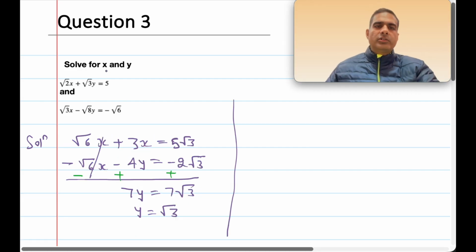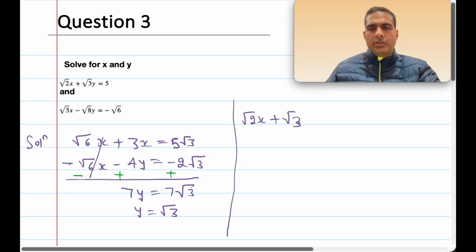Now I have to find out x. So to find out x, I can substitute y is equal to root 3 in any one of the equations. So substituting y is equal to root 3 in the first equation, I will be getting root 2x plus root 3y, so y is root 3, is equal to 5. So root 2x plus this will become 3 is equal to 5.